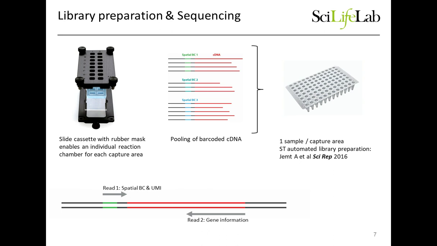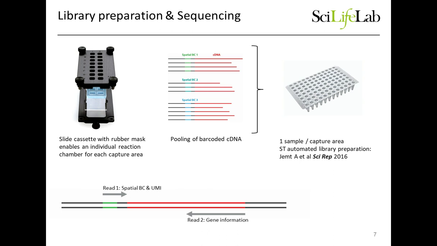We keep the glass slide inserted into a cassette with a rubber mask to get individual reaction chambers for each capture area. Then, after the cDNA has been cleaved off from the glass slide, it will carry a spatial barcode and can therefore be pooled so that we will get one sample per capture area.